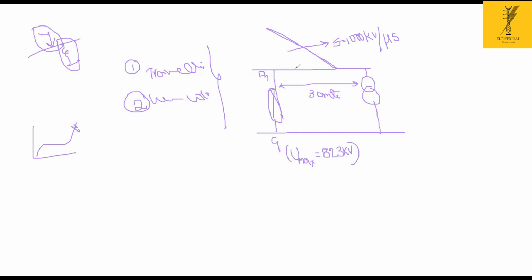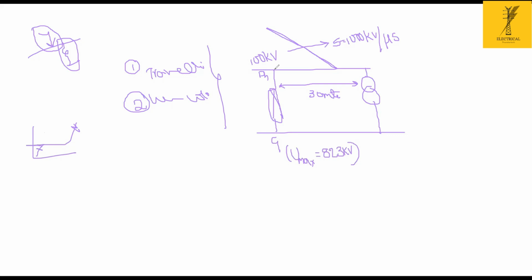Generally, what is the velocity of propagation of light? 300 meters per microsecond, right? So if I consider the velocity of propagation and the traveling length concept, with this 30 meters, only nearly 100 kV of voltage will be seen by this lightning arrestor. 100 kV is not at all a matter for my lightning arrestor, because it is continuously operating at 360 kV.